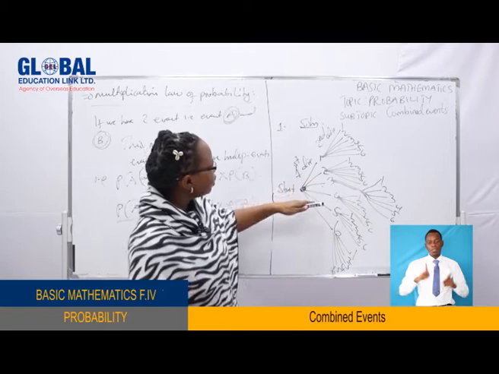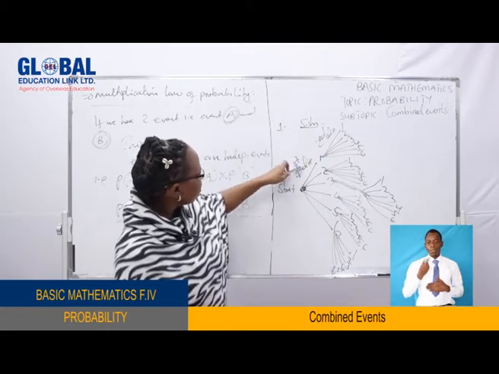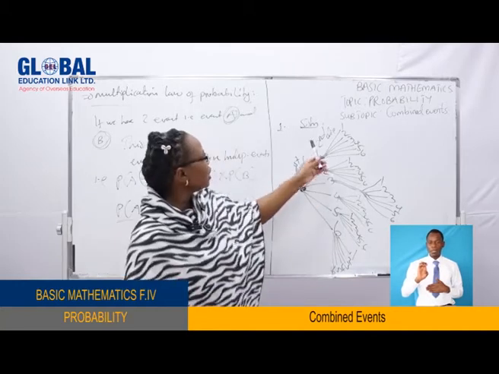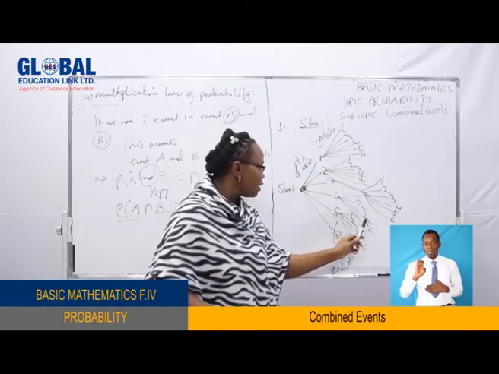Our tree diagram shows the two dice. The first one showing 1, 2, 3, 4, 5, 6, and the second one showing the different numbers on a die.